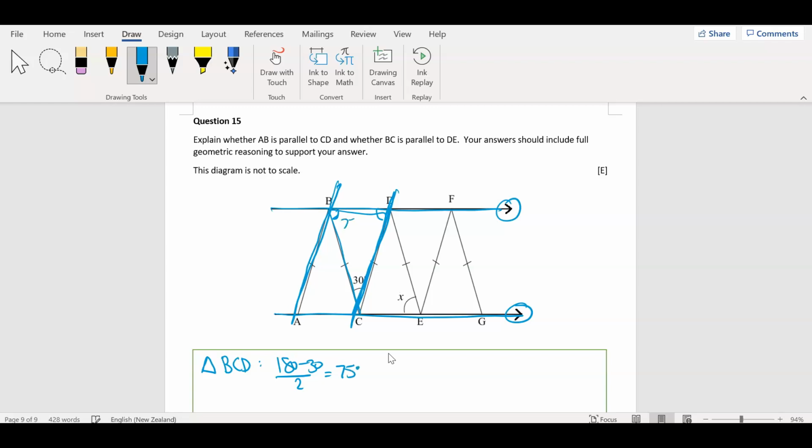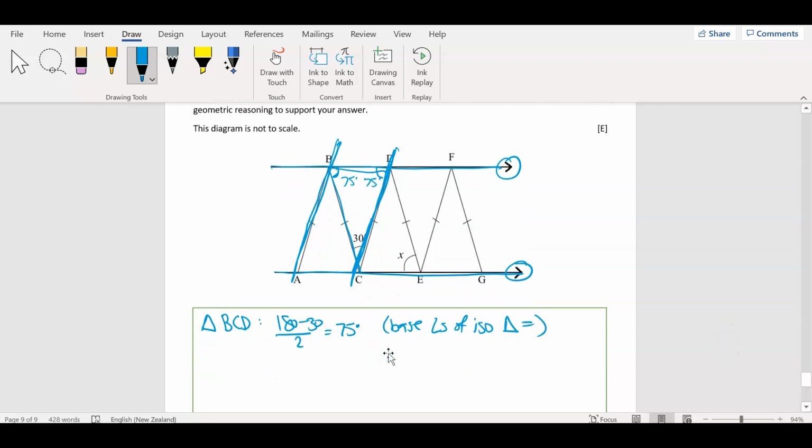That tells me the base angles of that isosceles triangle. So base angles of an isosceles triangle are equal to each other. So I've now got that. I'm going to have the same things for the angles down the bottom.